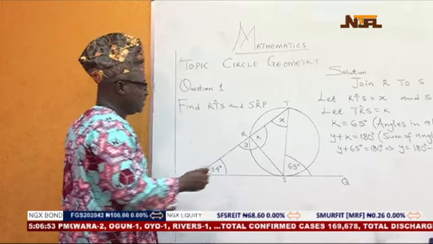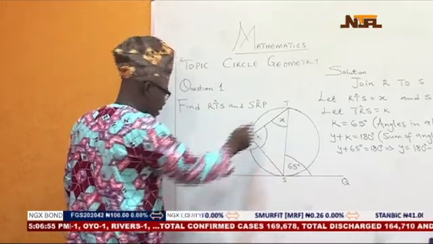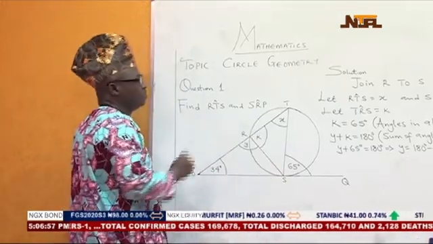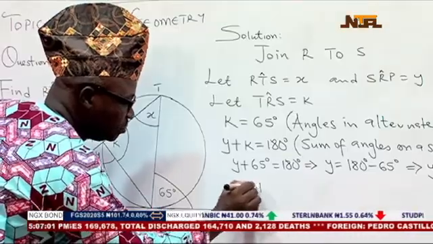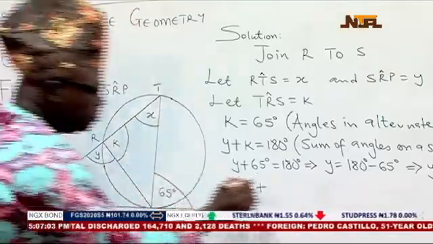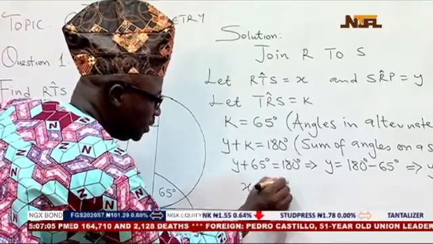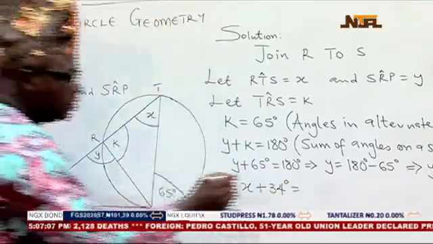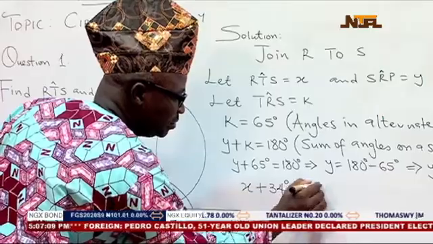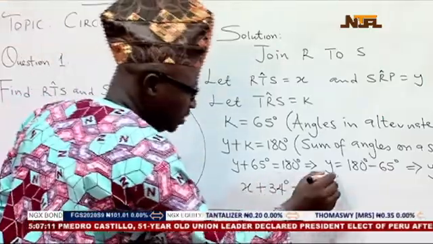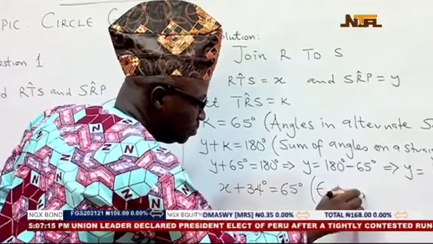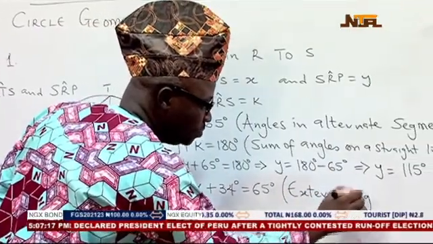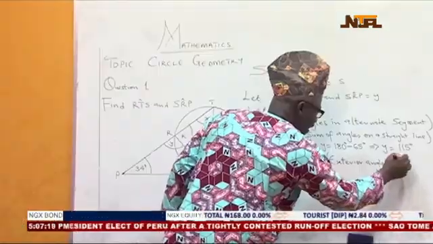If you look at it, I'm considering the triangle TPS. So in that case, I'll say x plus 34 degrees is 65 degrees. The reason for this, exterior angle of a triangle.